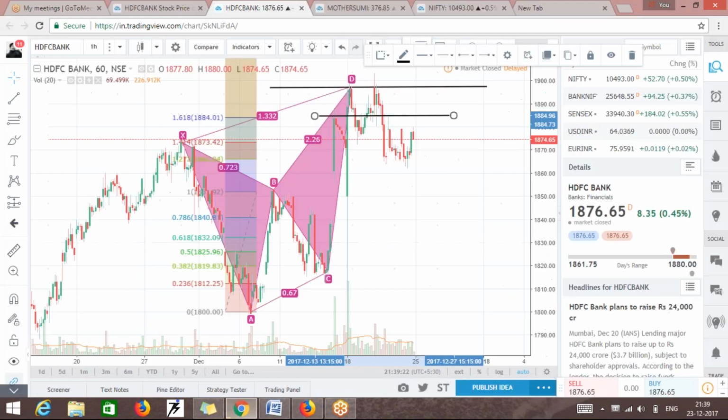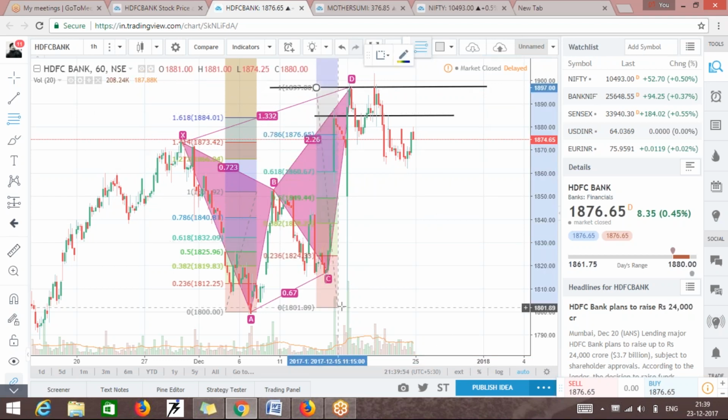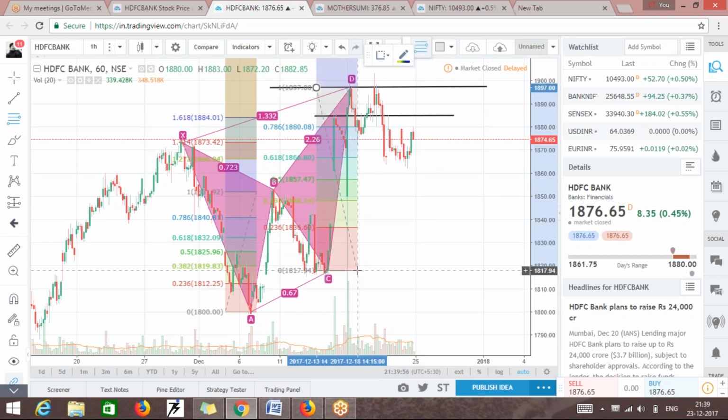Here itself, if you had taken a trailing stop loss, it could have saved your position. But again, it's almost moving in the direction of the harmonic pattern. It's moving downside. So let's check what should actually be the target. As per this, the first target is almost met, that is 618.